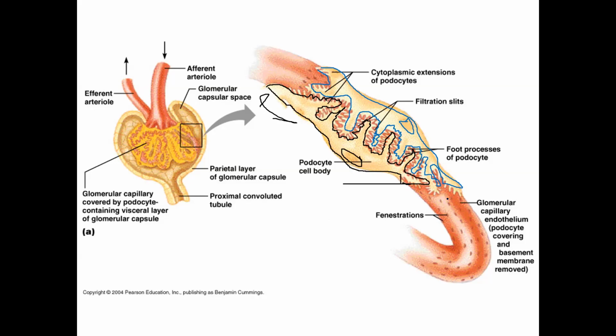Usually we call it the basement membrane. And then this fluid has to go through these little gaps between the podocyte finger-like structures, and then it will get into this capsule. Did you get it?